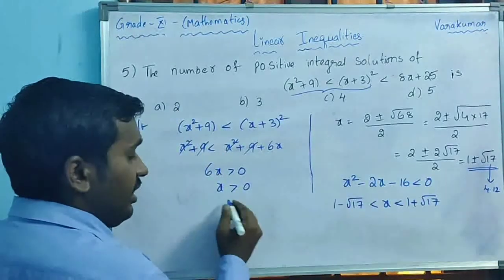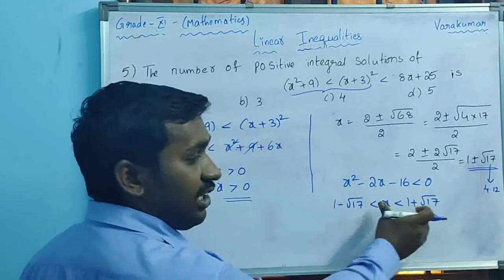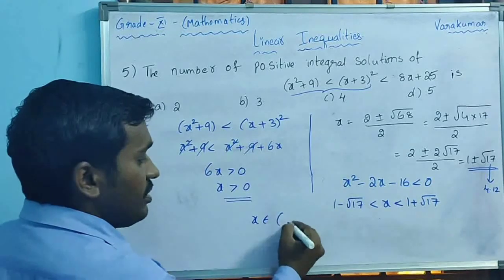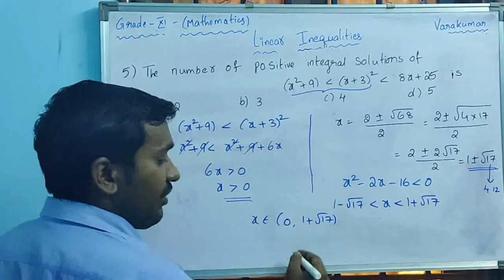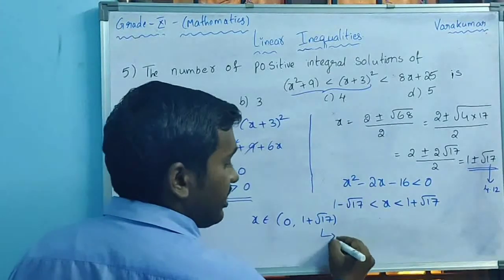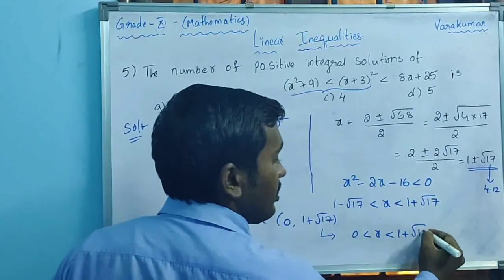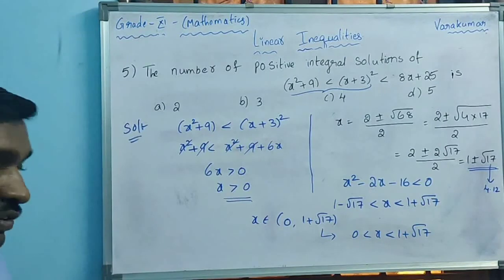Here it says x greater than 0, so the combined solution is 0 less than x less than 1 plus root 17.